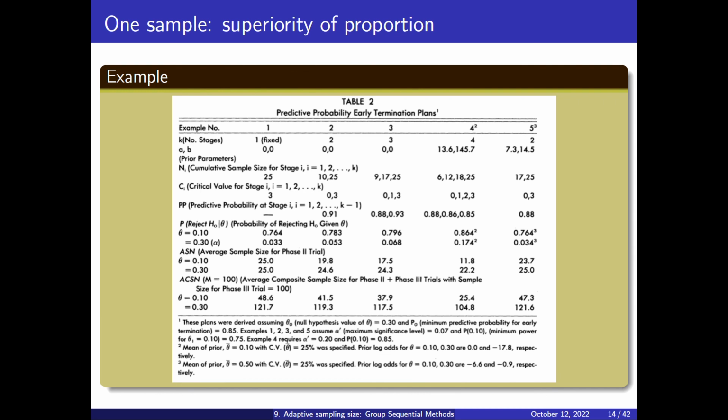Well, the analysis is not difficult in the sense that you only have to compare the number of respondents to the critical values, but the calculation of those critical values at the design stage is more difficult.